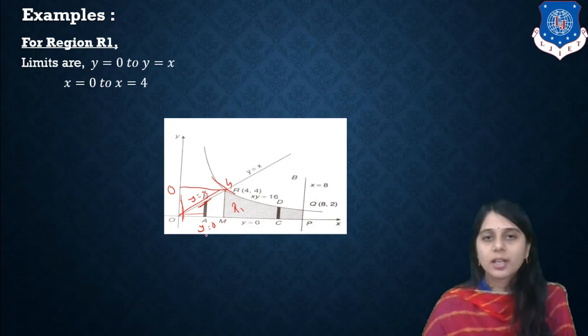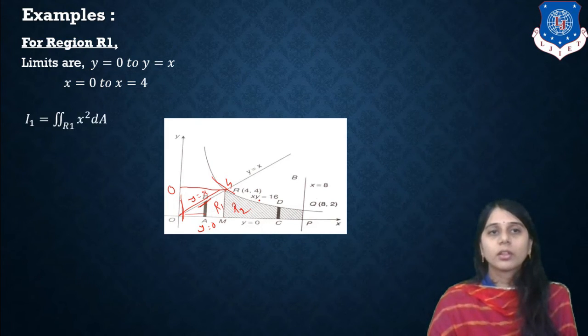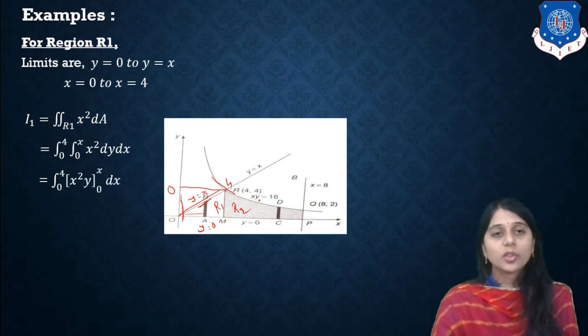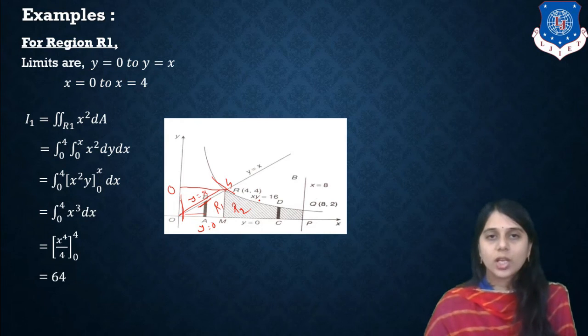So for the first region R1, we get the integral of x square dA, with limits 0 to 4 and 0 to x, x square dy dx. Integrate this, x square y from 0 to x dx, getting the value 64. So the answer for this region is 64.